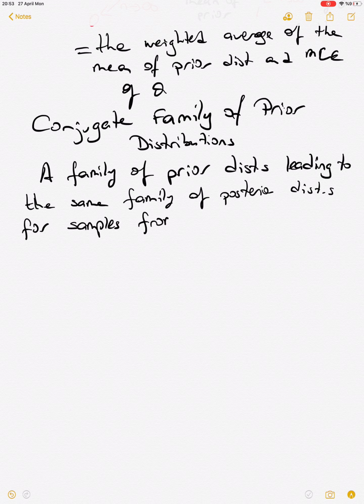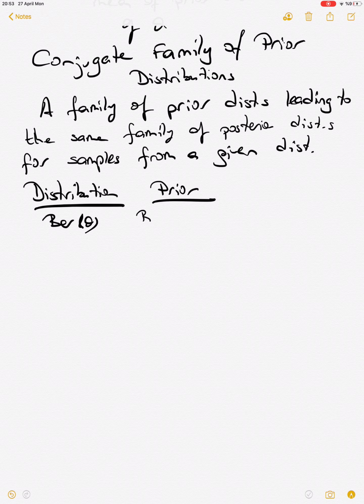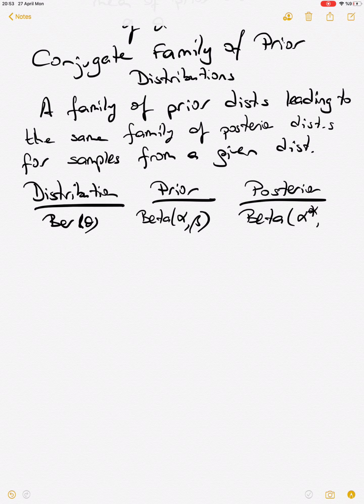from a given distribution. Okay, so if the sample distribution is, for example, Bernoulli with parameter theta, and if the prior distribution is beta with these alpha and beta parameters, so we know that our posterior distribution will also be a beta distribution with different alpha and beta parameters.